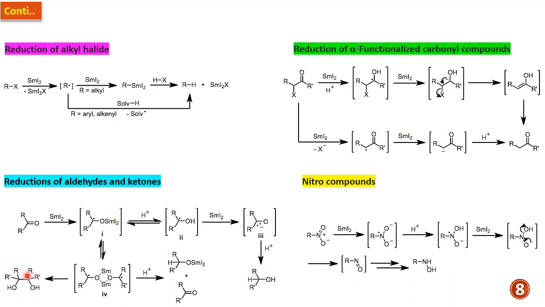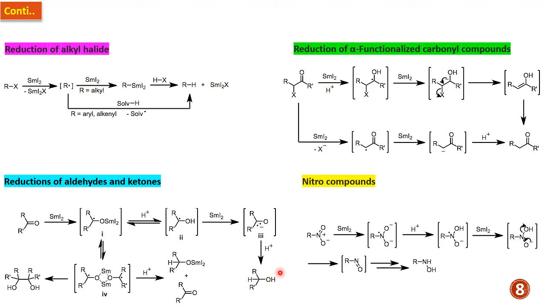In the presence of a proton source, however, the dimer may undergo either disproportionation to form the samarium alkoxide and the carbonyl compound, or protonation to form the carbinol radical 2, followed by a second reduction and protonation yielding an alcohol.